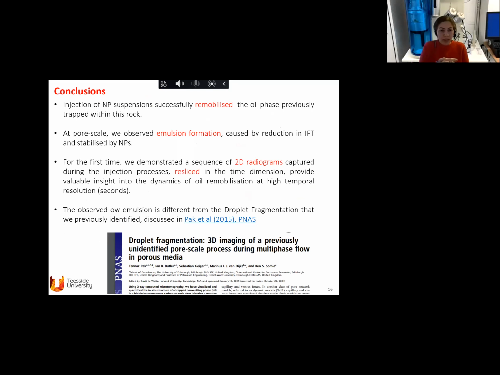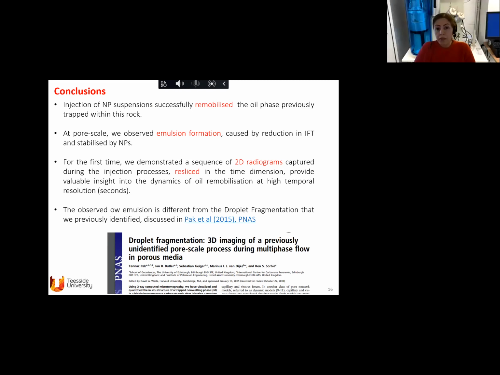Just to wrap up this case study that we had, we showed that if you use nanoparticles, you are able to influence the structure of the remaining oil, possibly overcome the capillary forces, redistribute the remaining phase, and that could contribute towards actually improving the recovery of that phase, removal of that phase.